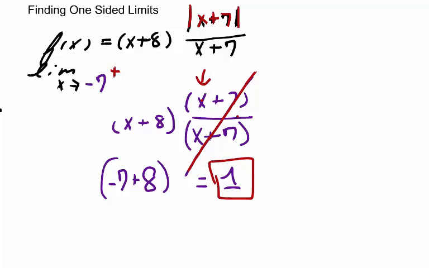Now let's take a look at the limit as we approach from the left. Looking again at the absolute value of x plus 7, for values of x that are less than -7, the absolute value of x plus 7 is equal to negative x plus 7.